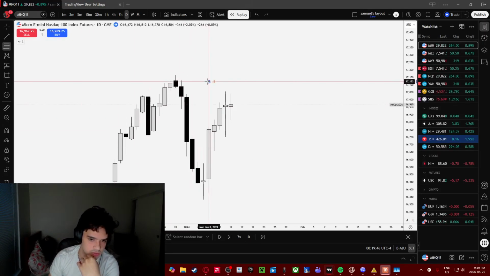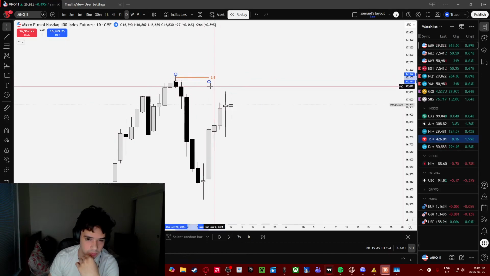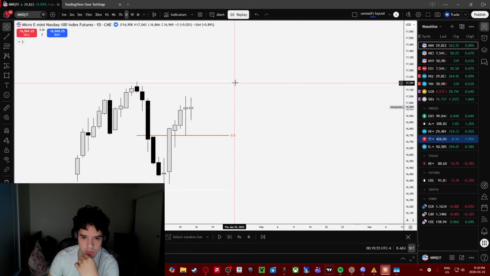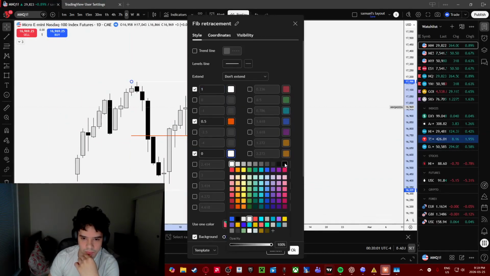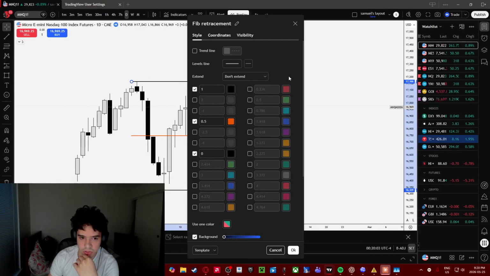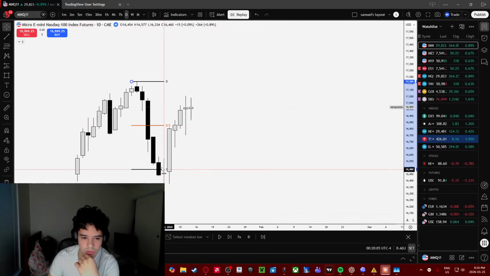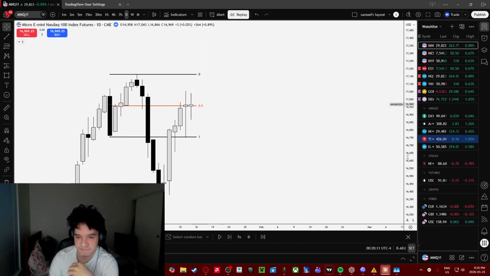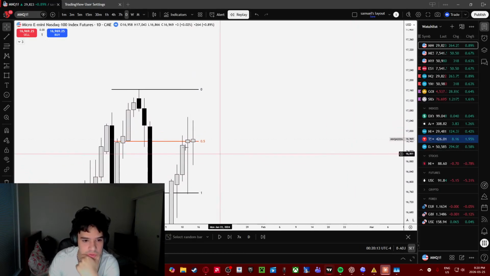If you're trying to anticipate this movement lower, you have to think of this as a singular candle since it's daily. You have a range, which is this candle right here.